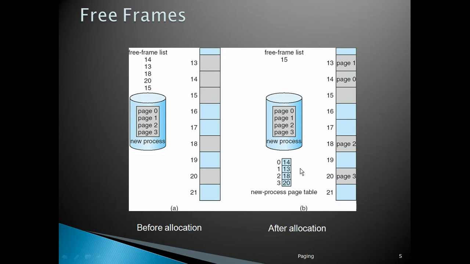Along with that, the page table is also built, that is, frames are stored in sequence: for page 0 frame 14, for page 1 frame 13, for page 2 frame 18 and for page 3 frame 20. And after allocation, the free frame list is modified. Previously it is 14, 13, 18, 20 and 15, and now after allocation 4 frames got allocated and only 1 frame remains, that is frame number 15.